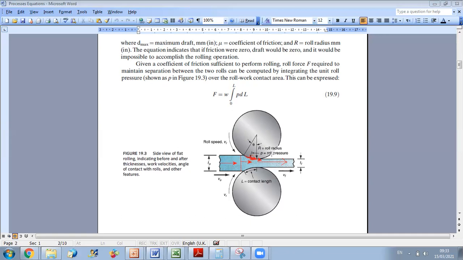After this part, when the velocity of the work part becomes higher than the velocity of the roller, the friction direction will be opposite. But when you compute the net force on the work part by integration, the net force will be in this direction. So you will design it in a way to have a net force to push your plate to go out of the rollers.